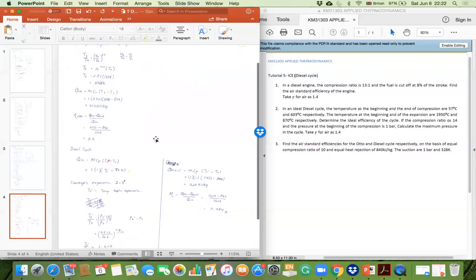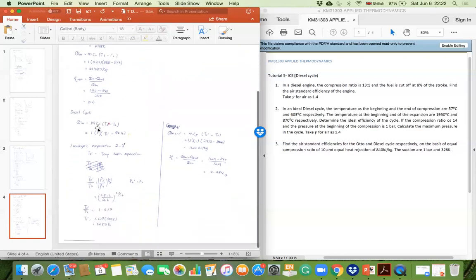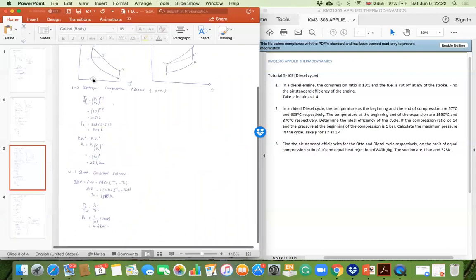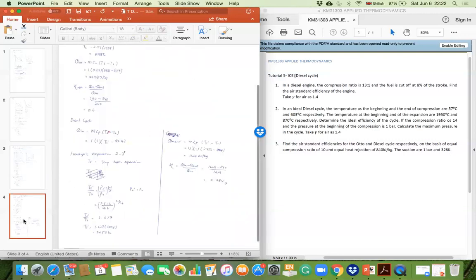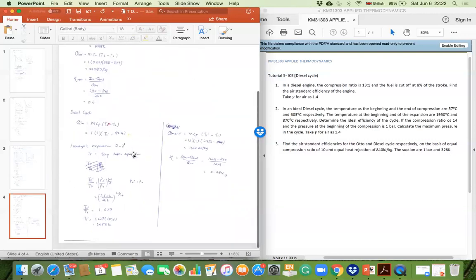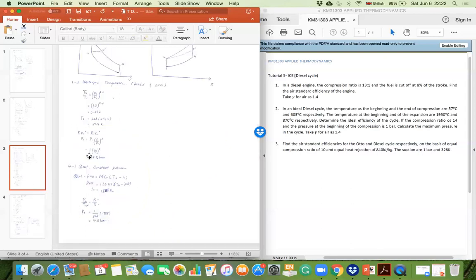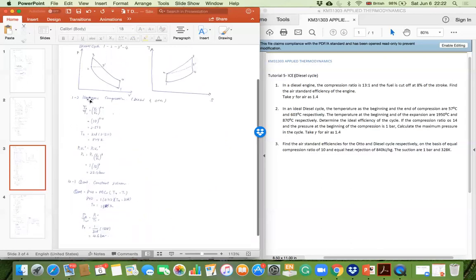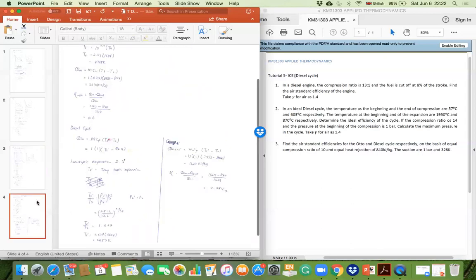For the diesel efficiency, your Q in is at constant pressure. Again, you need to get your new T3. 2 to 3 is constant pressure.